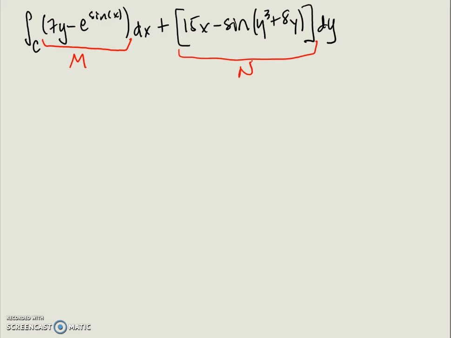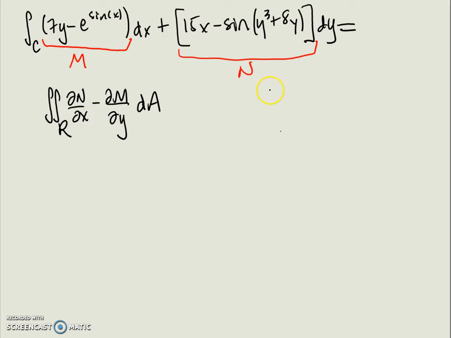Okay, so we can apply Green's theorem, which means that this integral that we have here is actually equal to the double integral over our region, the inside of that circle, of the partial of N with respect to x minus the partial of M with respect to y, dA. So let's take a look at these partial derivatives that we need here.